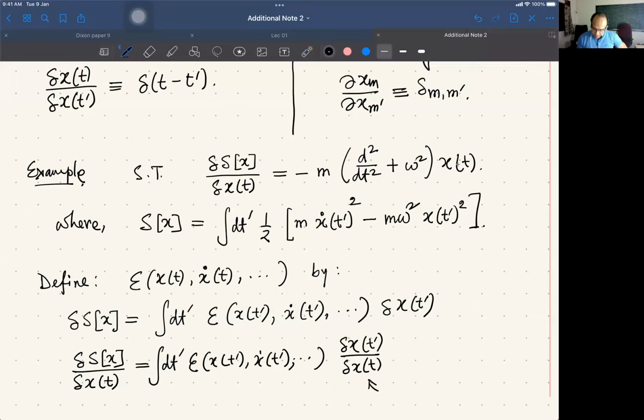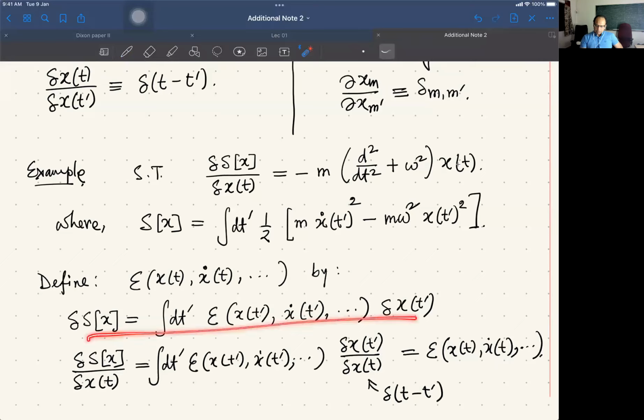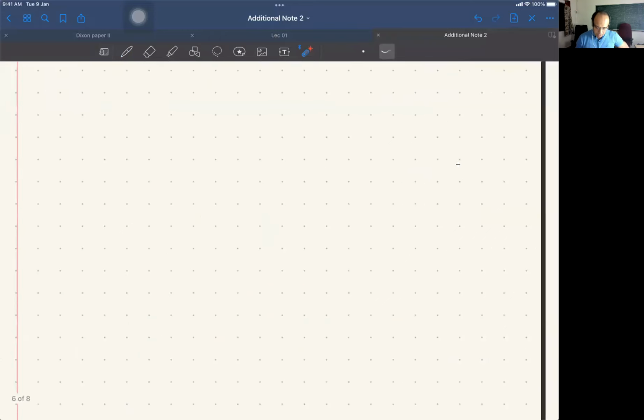Since this is the same as the Dirac delta of t minus t', you will get this result. That was the motivation for defining E in that particular fashion. If we can calculate the variation and extract what E is, that must be the same as the quantity we are trying to calculate. So the goal now is to calculate E.